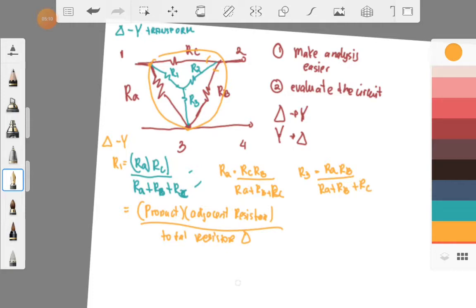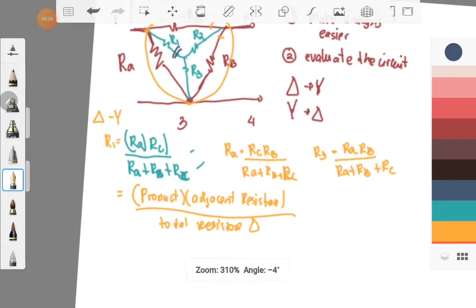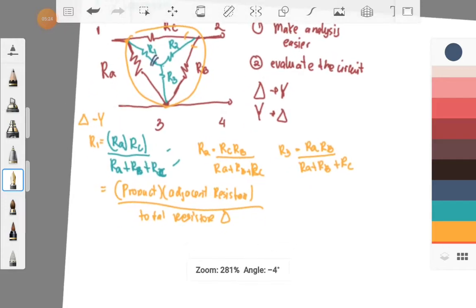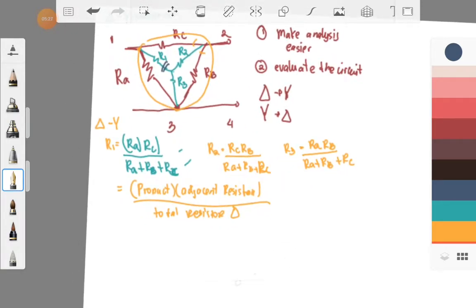So in order to transform that into its corresponding Y connection, which is basically I will introduce your R1, okay? So mapapansin nyo na the equation 1 will be equal to, we get from our terminal R1 and R3.